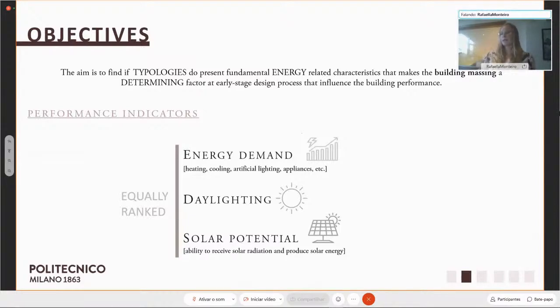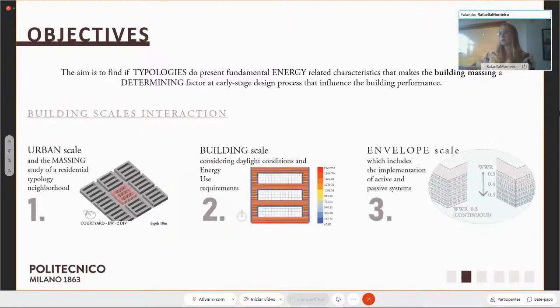It's important to highlight that these indicators are equally ranked here because combining them is working to find an optimal balanced performance. We will be touching on three scales. First of all, the urban scale and the massing of a residential neighborhood, then the building scale and the daylighting and energy conditions, and after all, the envelope scale, by understanding if optimizing the envelope has any effect after the massing is decided.